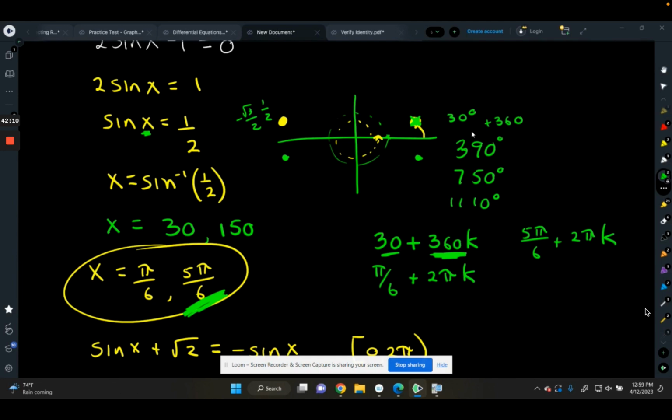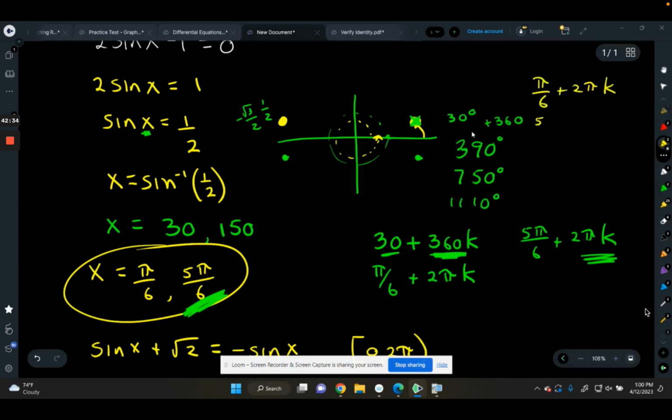So when we do not have a restriction on the domain, we have to write the answer like that to include all possible answers. Does that make sense? So we would have 2 answers here. One of them would be pi over 6 plus 2 pi k, and the other would be 5 pi over 6 plus 2 pi k. Those would be our 2 answers. Okay?